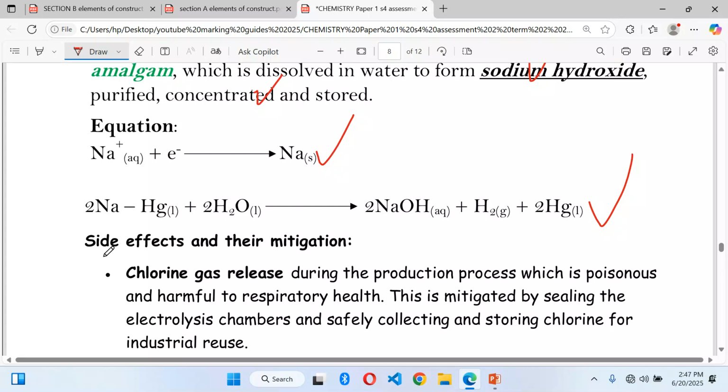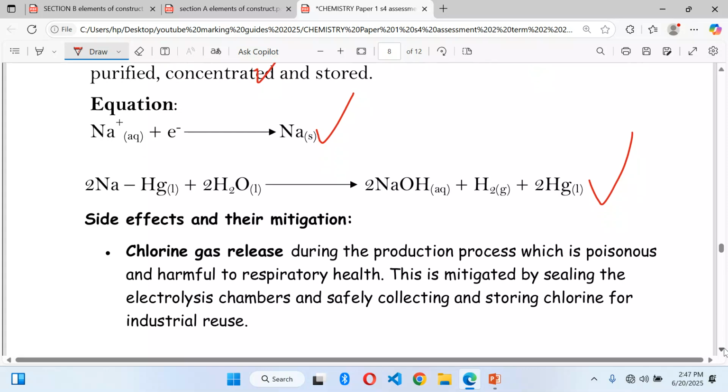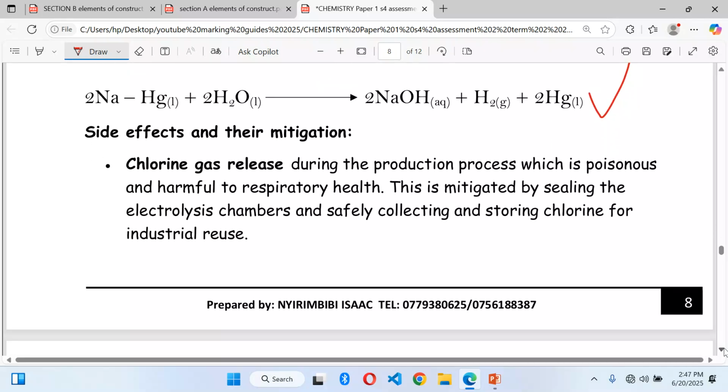Then we don't forget, of course, side effects and their mitigation. The side effects during the production process of sodium hydroxide. Chlorine gas can be released during the production process, which is poisonous and harmful to respiratory health.